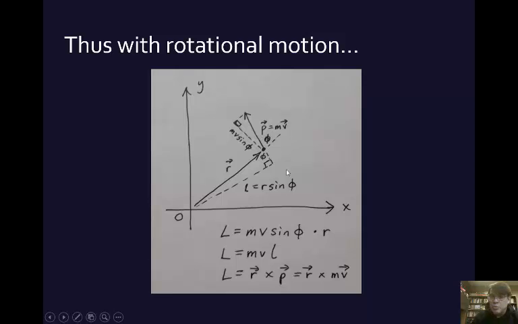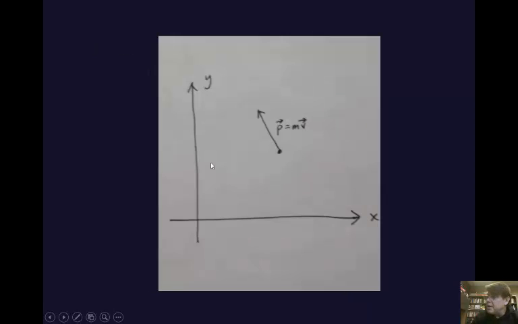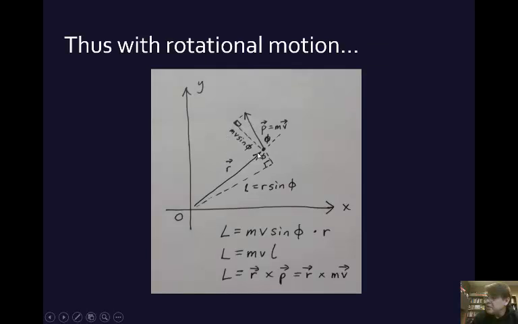Or if I multiply this perpendicular here times r, I can get it. So the angular momentum is going to be mv times the sine of that angle times r. That's not a dot product. That's just a times. Or mv times the lever arm l, and both of them are giving me the cross product of r with p, or r with mv, same thing.